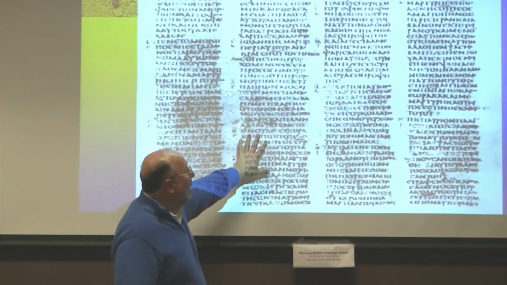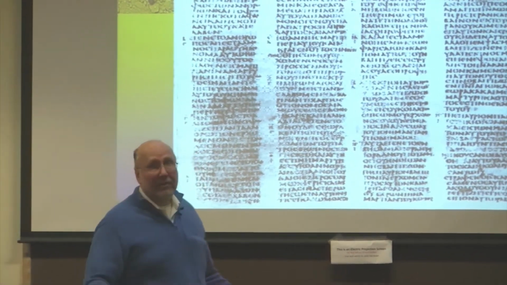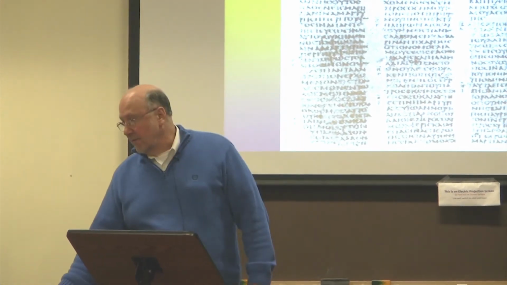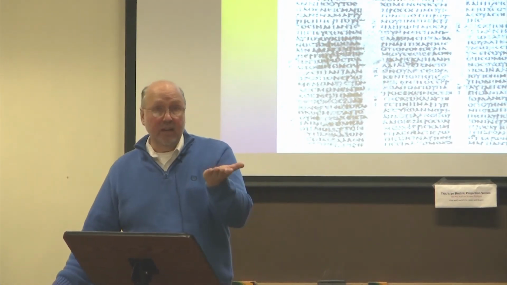So this is a copy of manuscript Sinaiticus. It will be compared with the papyrus and with the minuscules to see how they are the same and how they are different. An editor like Bruce Metzger will have to go through and say, these are all the same this way, these are all the same that way, and make decisions as far as what's going to be the basic Greek text for us to translate from.